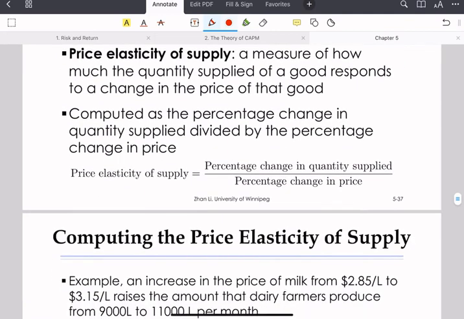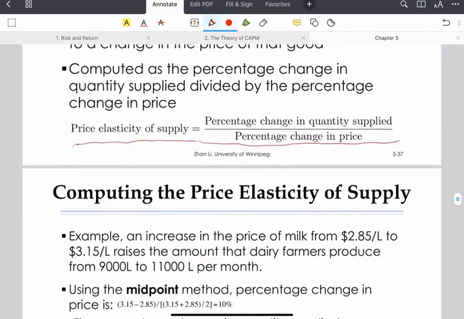Mathematically, the price elasticity of supply equals the percentage change in quantity supplied divided by the percentage change in price.